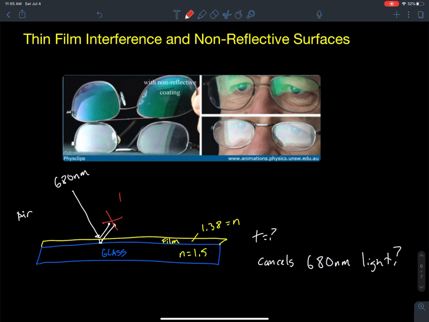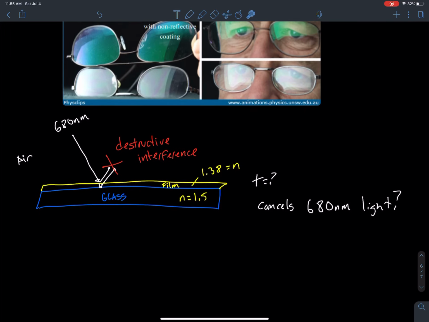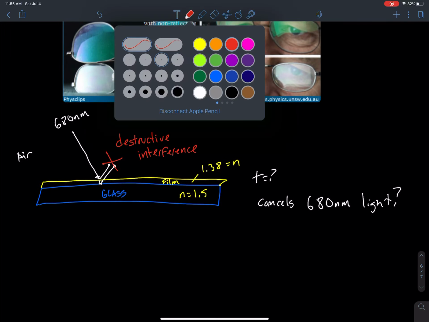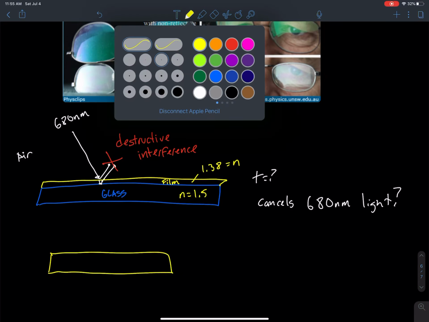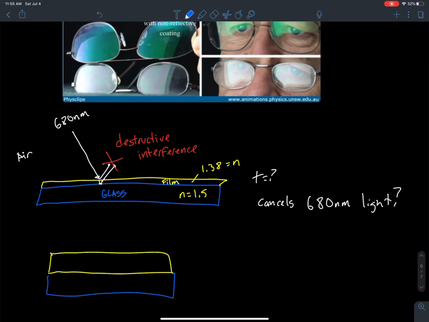So what we're looking for is destructive interference. So how would I be able to design an equation to look for destructive interference? In all the other problems we were looking for constructive interference. So I'm just going to expand this interface that I drew. Okay, let's make that film a little bit bigger, and let's make this glass a little bit bigger.